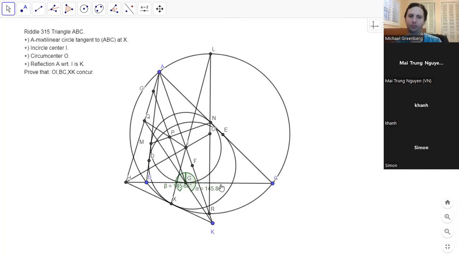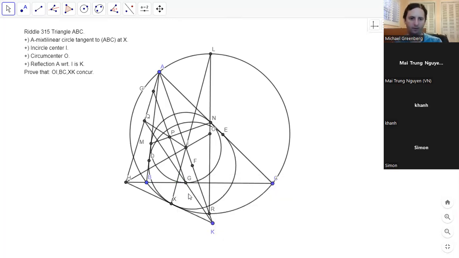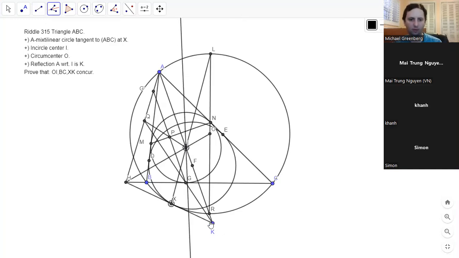Sounds like that would solve the problem, right? Because if we show that those are equal, then that would show that those are harmonic, right? We want to show IG bisects angle XIK. And that seems like an easier. Oh, is that actually true? No, I don't think that's true. Must have gotten confused. No, we don't want to show this is an angle bisector.